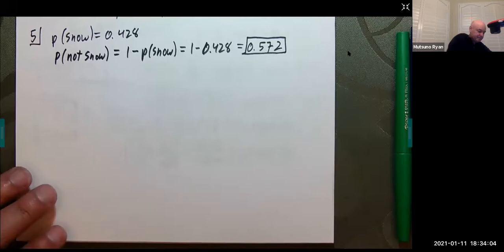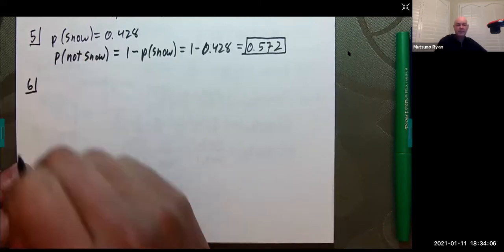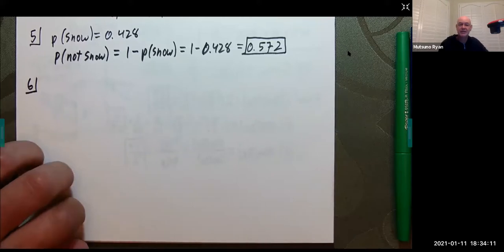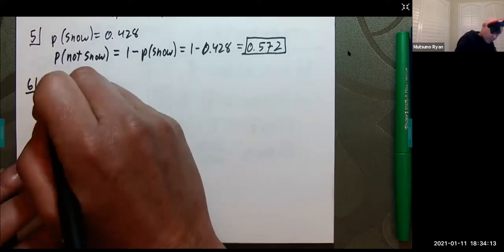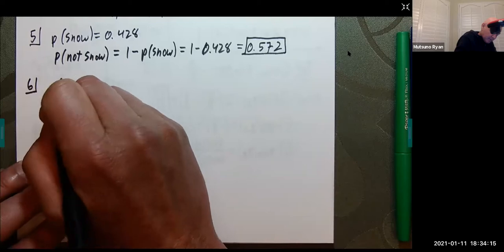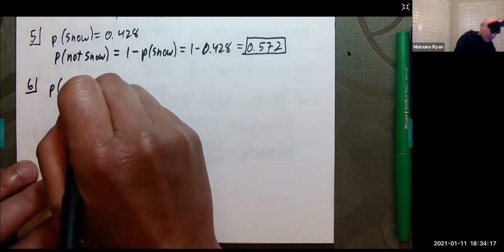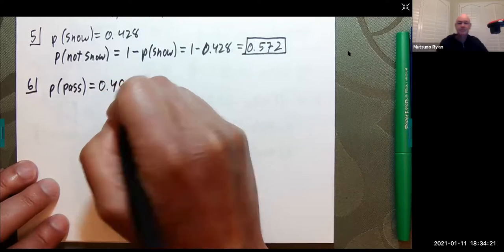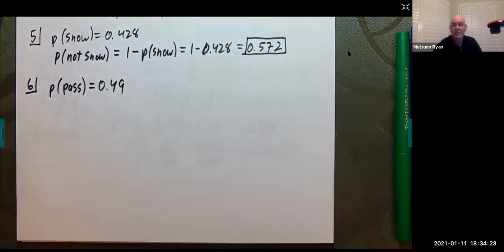Number 6. The probability that Luis will pass his statistics class is 49%, or 0.49. So the probability of passing is 0.49. Find the probability that he will fail his statistics test.